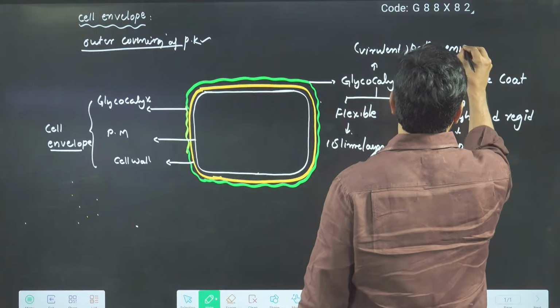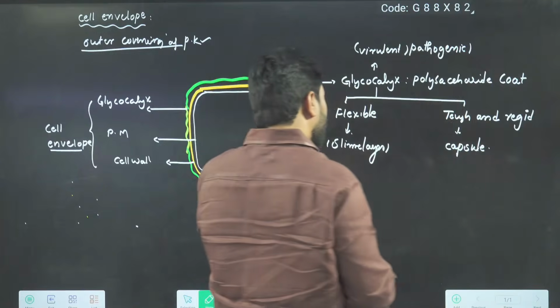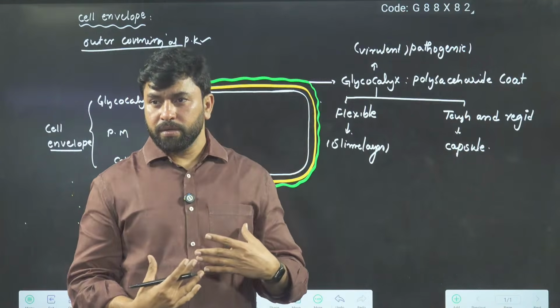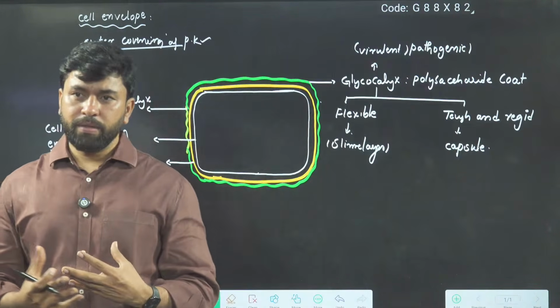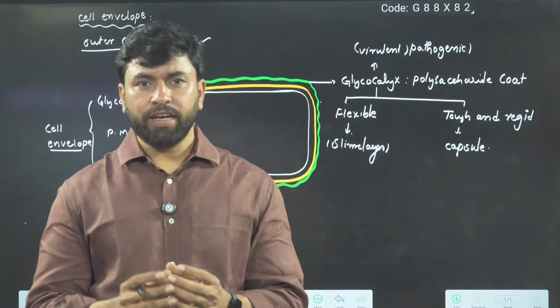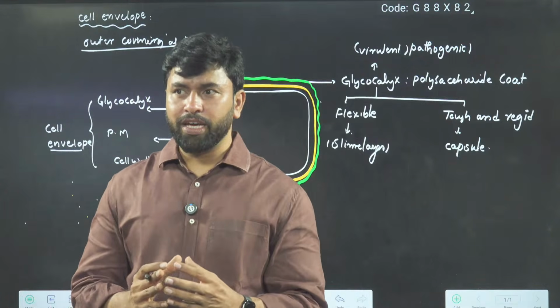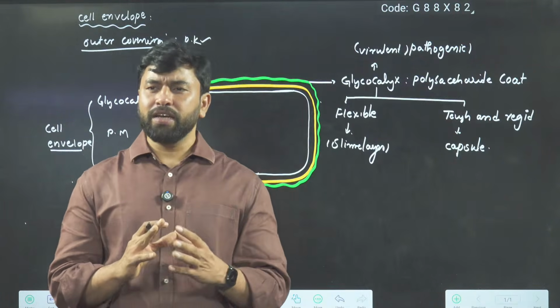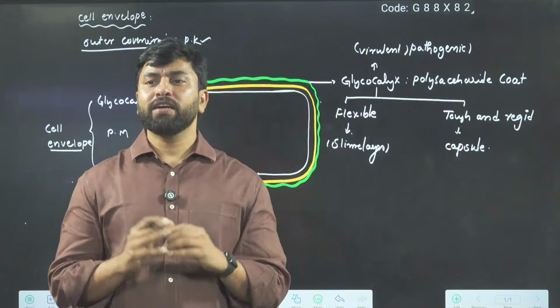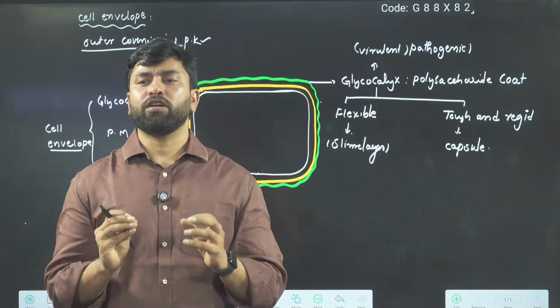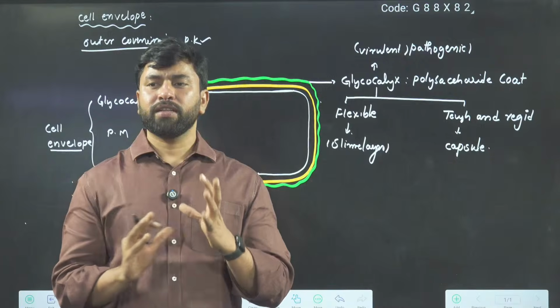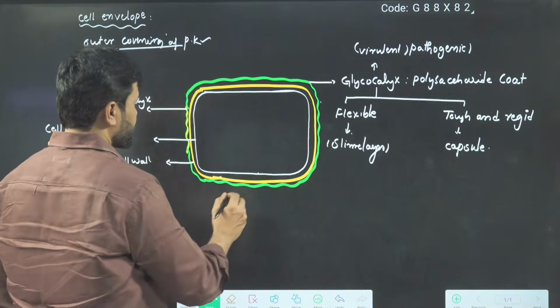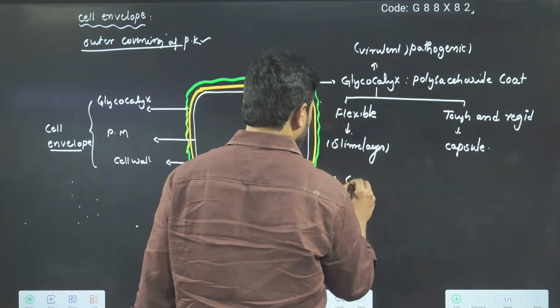This is there in our NCERT book, that's why I am saying it, but it doesn't mean that every bacterium which has glycocalyx would definitely behave like a pathogen. But generally pathogenic bacteria have a glycocalyx coat on top of them. Okay? Then come back to the next one, cell wall.